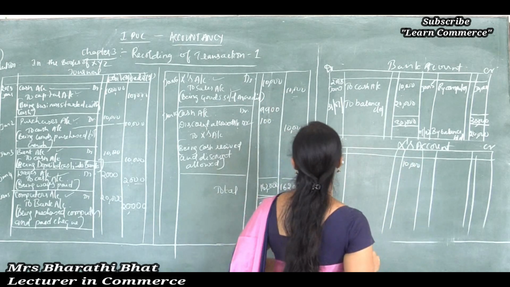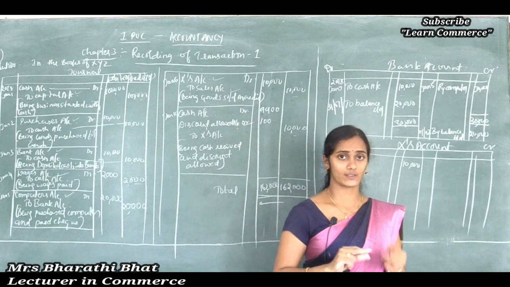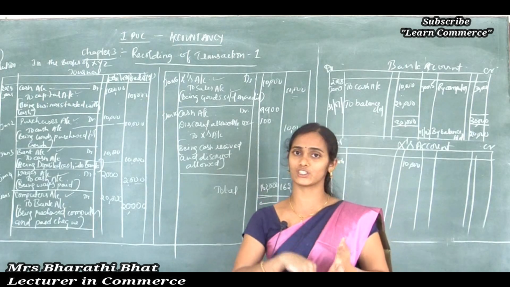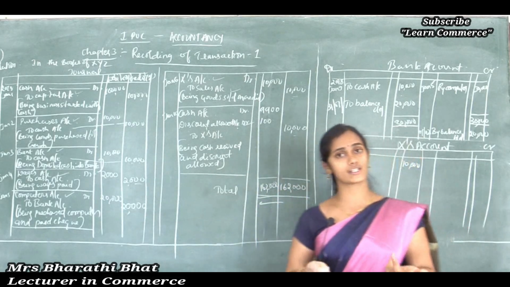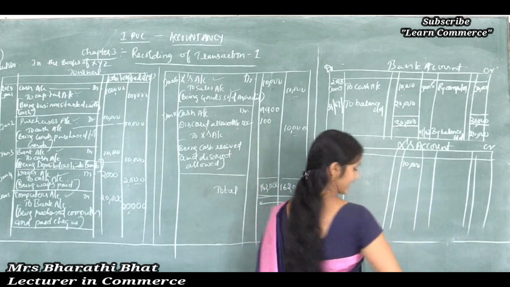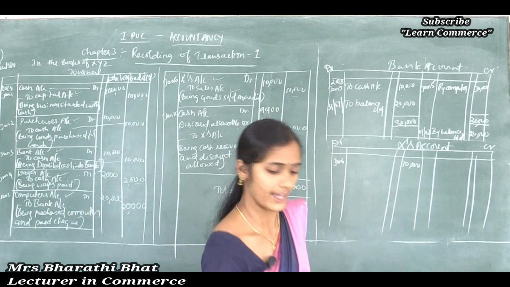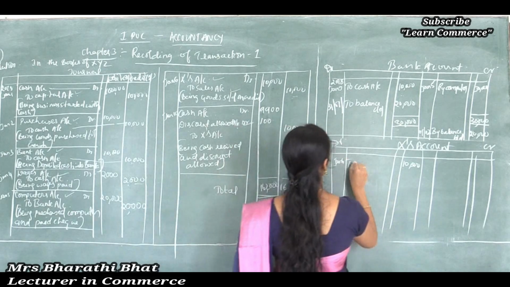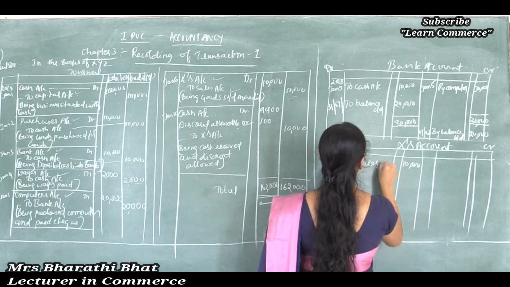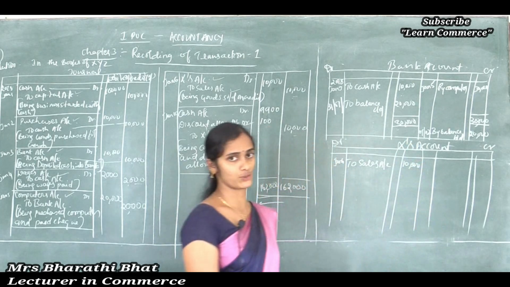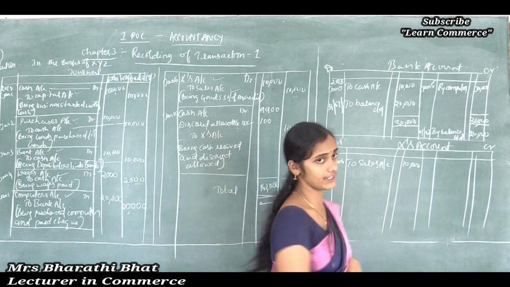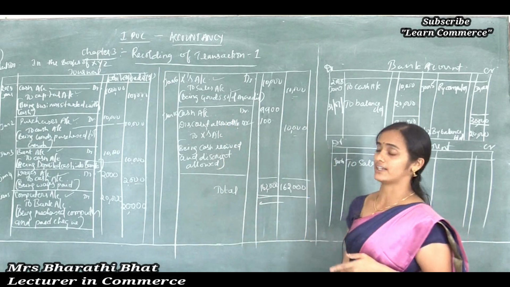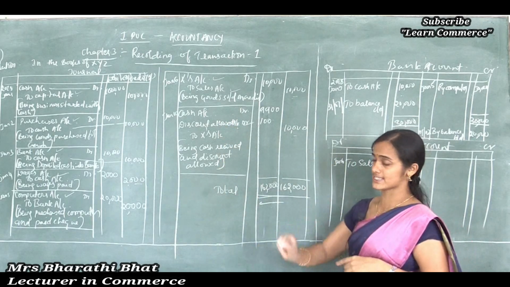Afterwards, X is affected with which account, or near to X which account is there? Exactly, sales account. So how can we record sales? As to sales account. Clear? 10,000.